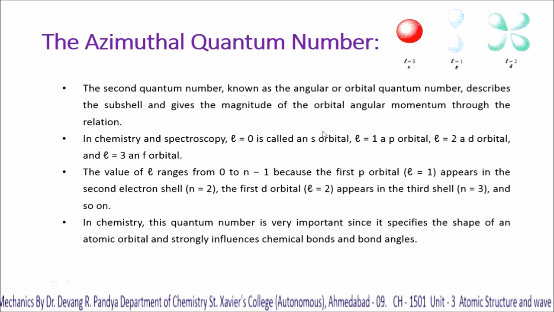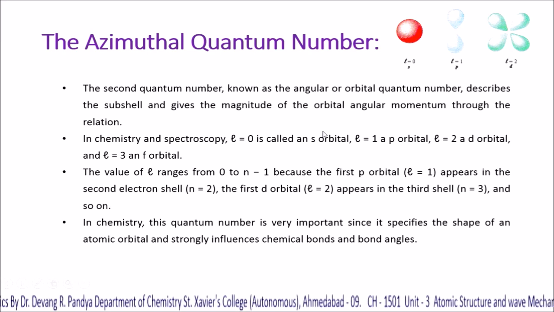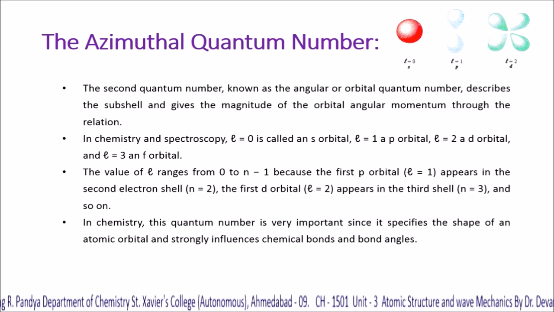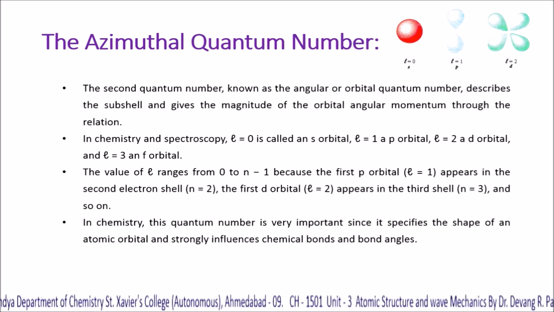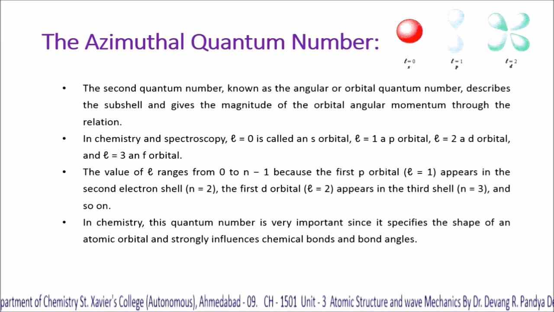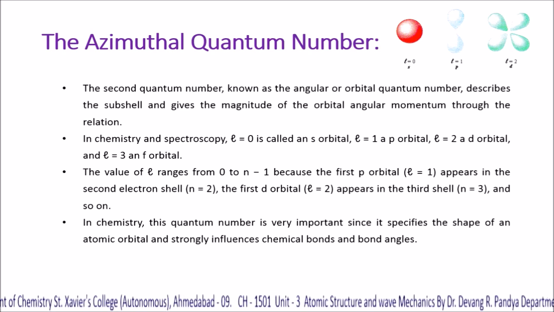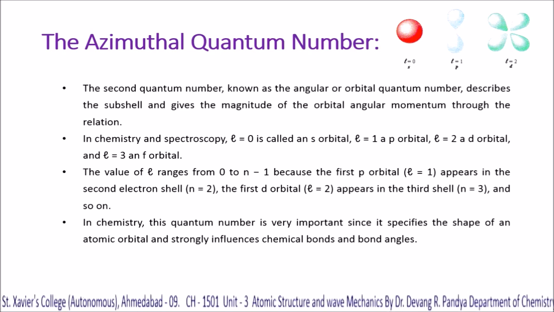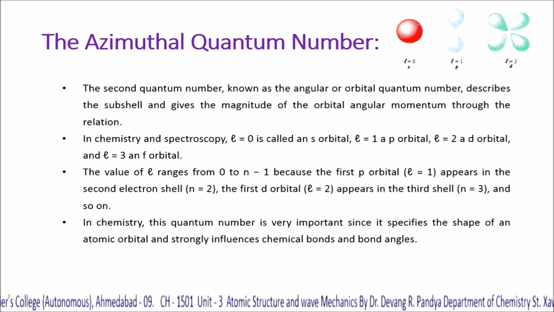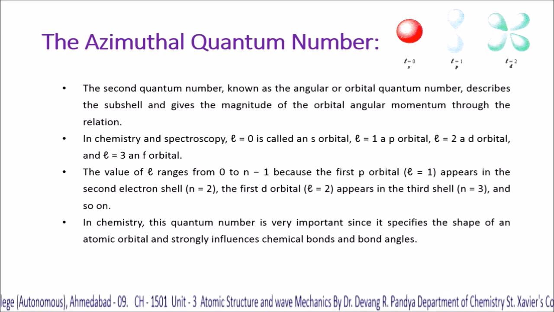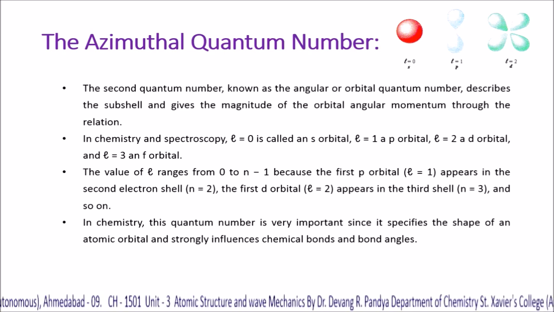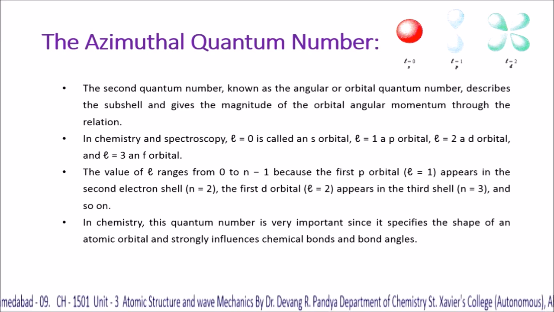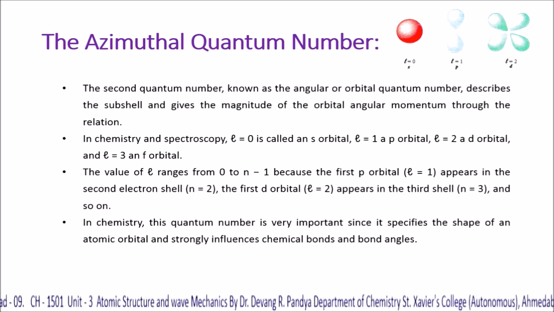The second quantum number, known as the angular or orbital quantum number, describes the subshell and gives the magnitude of the orbital angular momentum through the relation. In chemistry and in spectroscopy, L equal to 0 is called an s orbital, L equal to 1 a p orbital, L equal to 2 a d orbital, and L equal to 3 an f orbital, where s stands for sharp, p stands for principal, d stands for diffuse, and f stands for fundamental.